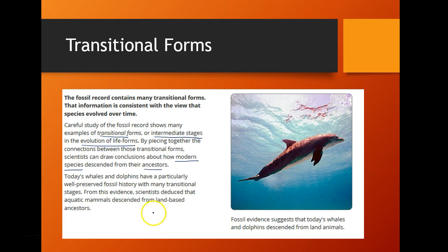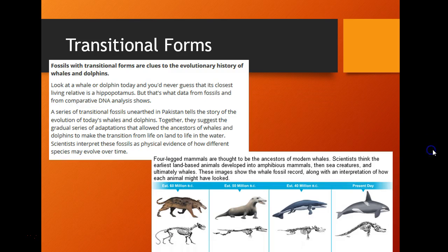Today's whales and dolphins have a particularly well-preserved fossil history with many transitional stages. From this evidence, scientists can see that whales and dolphins originated from land-based ancestors. They first lived on land and then evolved to live in the ocean.